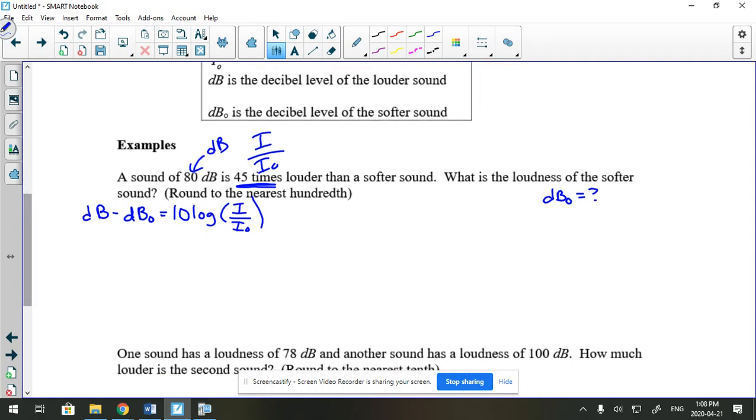Okay, so we're going to plug in what we know. dB is 80. My intensity is 45. That's told there. So now we can isolate the dB naught. I can minus 80 from both sides.